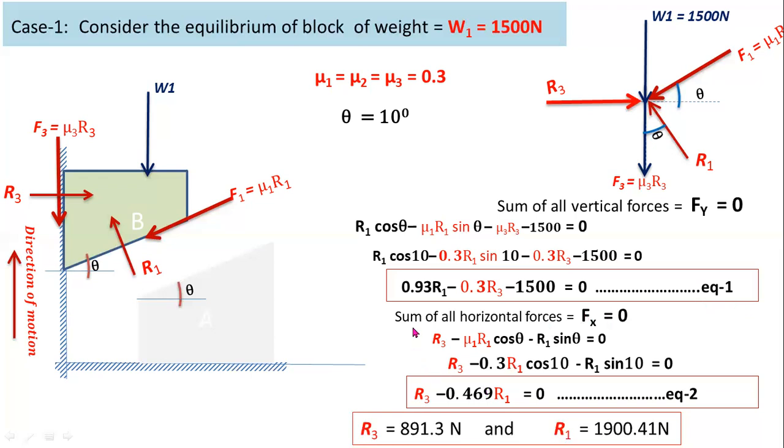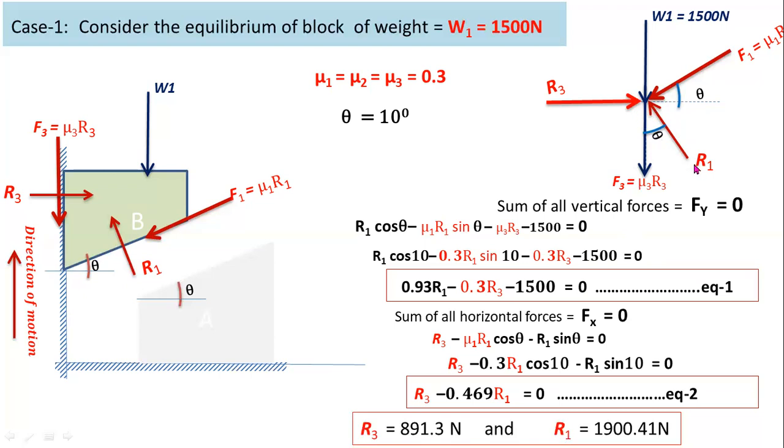In a similar way, you have to consider all horizontal forces. Sum of all horizontal forces, Fx equals 0. Here R3, F1 cos theta, and R1 sin theta are the three horizontal forces. For the right side direction, you have to consider a positive sign. For the left side direction, you have to consider a minus sign.